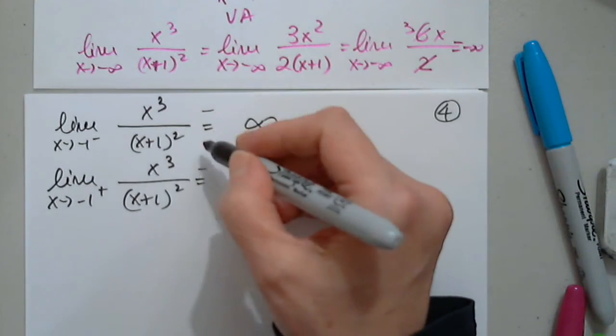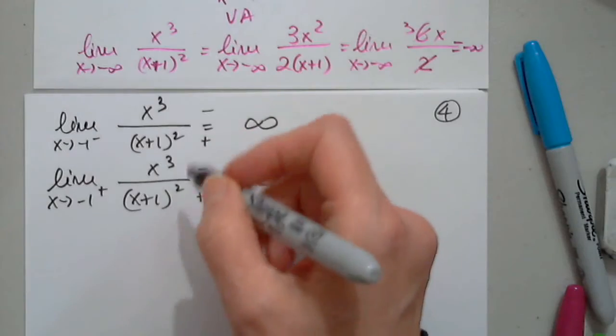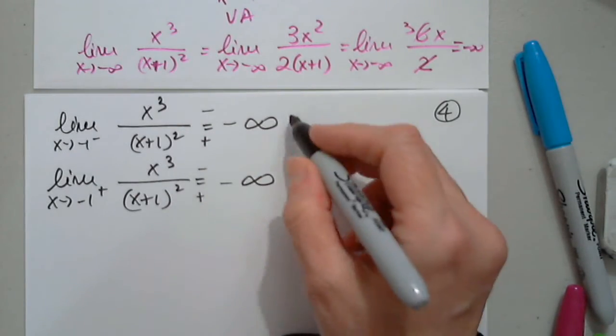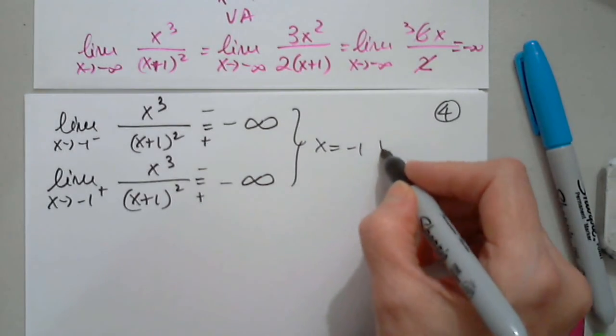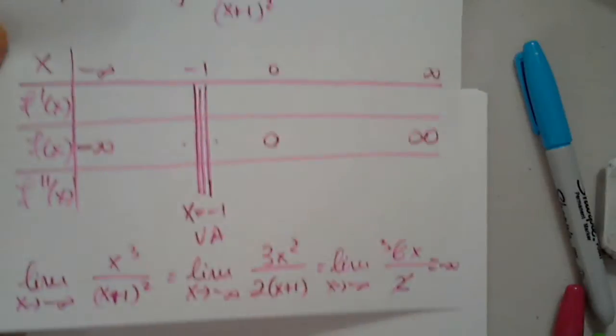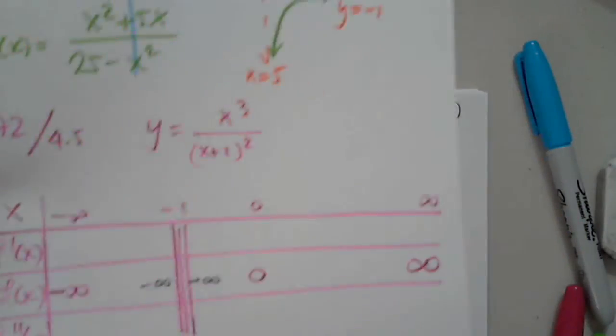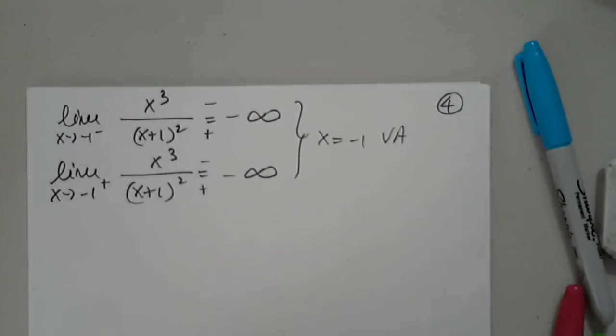And this is always positive. No matter what I plug in, it's squared. So negative over positive will be negative in both cases. So x equals -1, as expected, is a VA. So that is done. Both -infinity. Now the first and second derivatives.